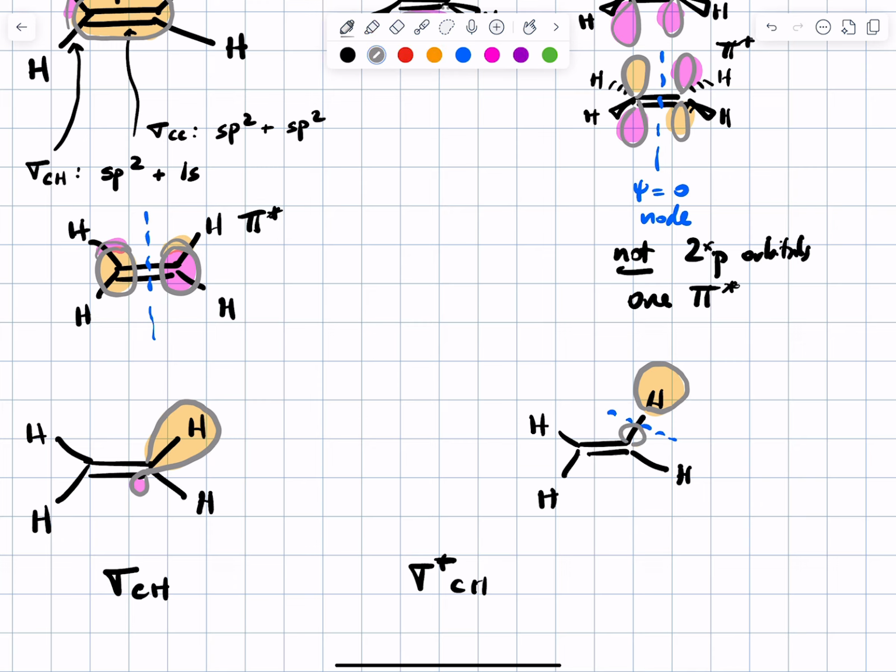Then on the carbon side, it basically looks like a backwards sp2 orbital. You have the small lobe pointing towards the node, small because it's been canceled out, and then a larger lobe pointing away from the node. That's what a carbon-hydrogen sigma star antibonding orbital looks like.